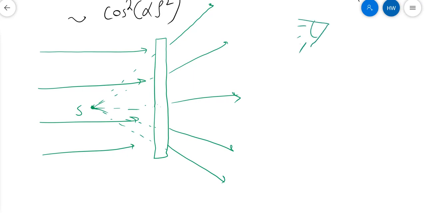If you are looking at this film from here, you're going to observe a virtual source S, which is essentially emitting this light. So now I have captured the actual light emitted from the source, as though the real source was there. But after all, what you have is a recording on the film.